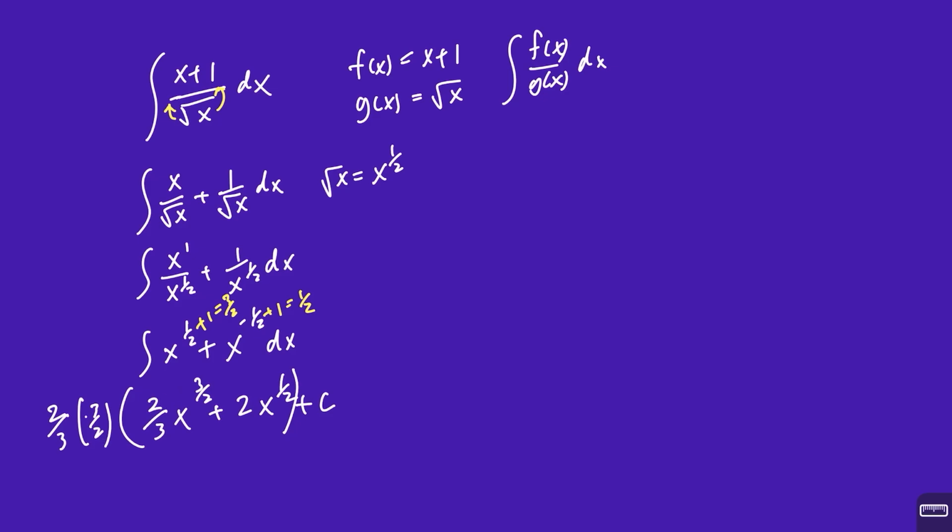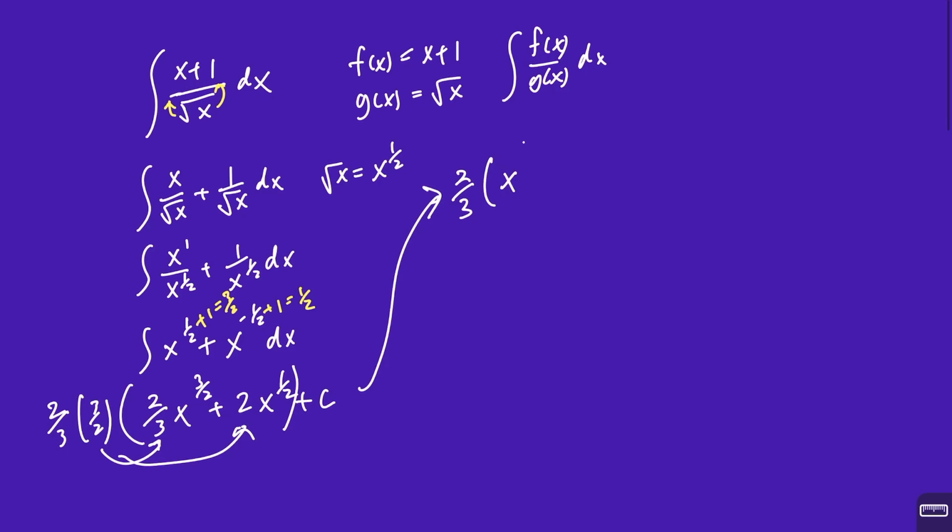Then I can take this factor of 3/2 and distribute it to each of these subterms, and I'll rewrite it up here so we have more room. So this becomes 2/3, and then the 3/2 and the 2/3 cancel, so you're left with x to the 3/2 power plus 3/2 times 2 is 3, so you're left with 3x to the 1/2 power plus c.